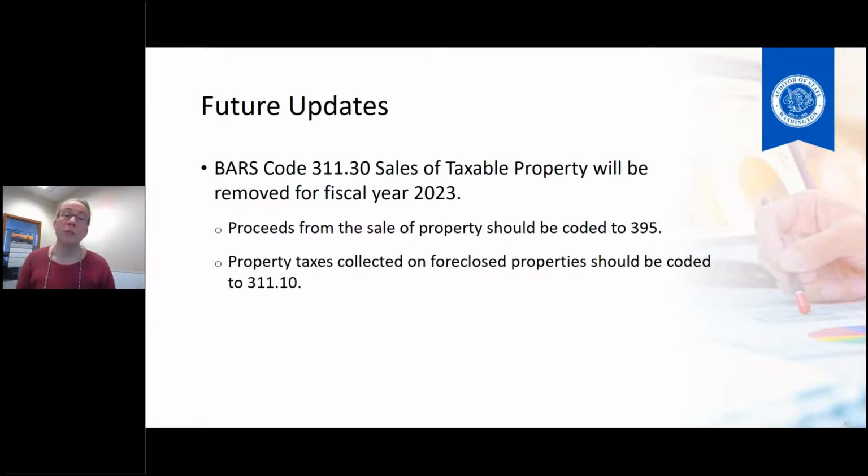And so therefore we will be moving to those codes and removing this one. Those codes are, if you are selling property, code it to the appropriate 395. If you have collected property taxes on foreclosed property, then you would still code those property taxes to 31110, which is our property tax code.